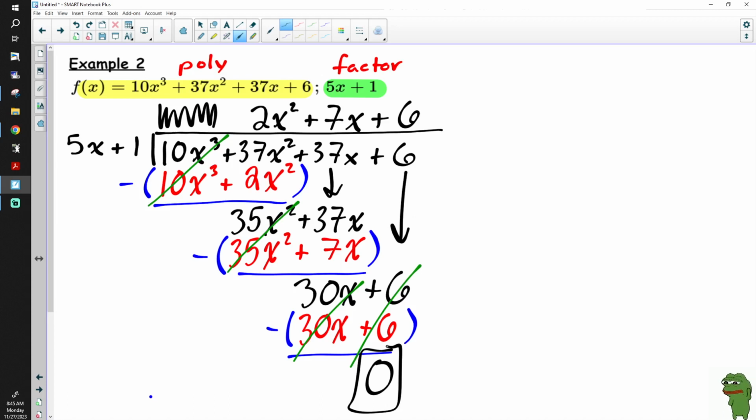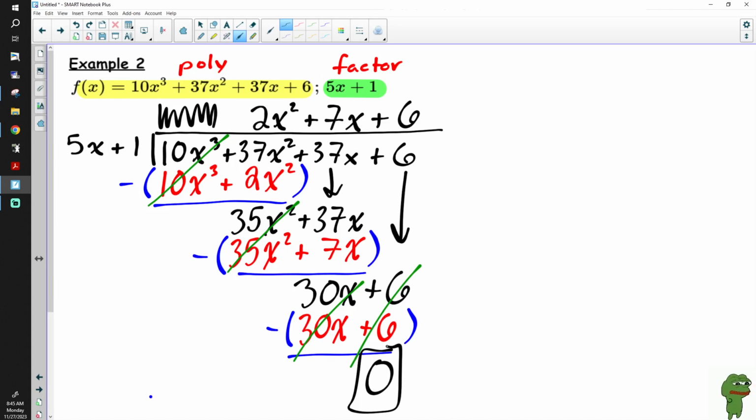What it gives you has to be a factor. It has to have a remainder of 0. So one of two things happens if you get a remainder. Either you made a mistake or I made a mistake making the problem. One of those two. I don't think it's a 50-50, but we're going to say a 50-50.